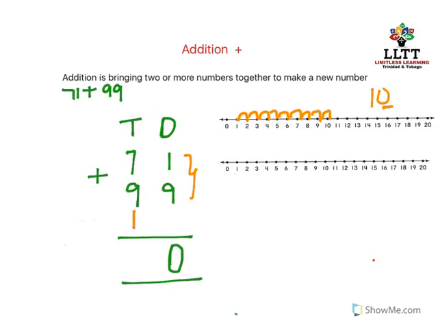Now I'm going to add my tens. That's 7 plus 9 plus 1. So I'm going to start at 7, putting my red dot at 7. I'm going to move 9 places to the right. That's 1, 2, 3, 4, 5, 6, 7, 8, 9.